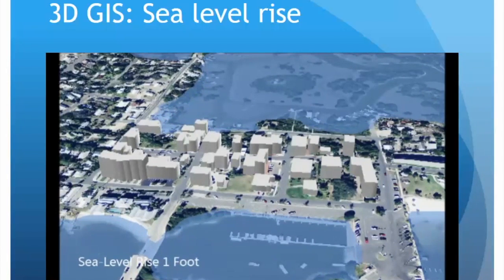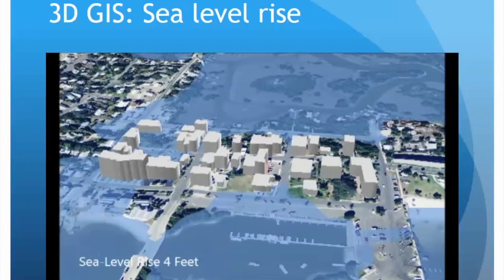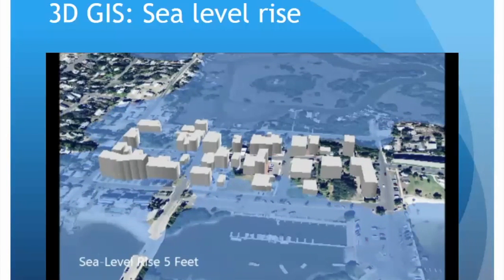And the other one is a sea level rise elevation simulation, where we gradually increase the height by 1 foot. So that's 2 feet, and then gradually the water's going in, 3 feet, 4, and up to 6 as projected for 2100.